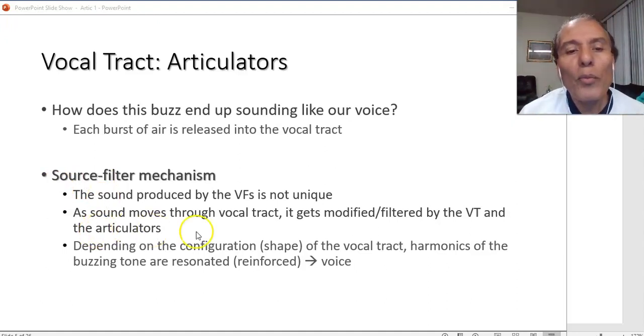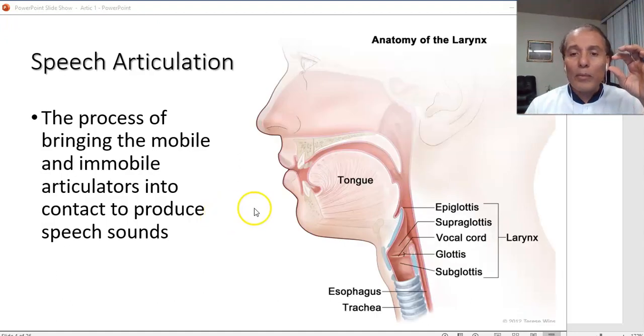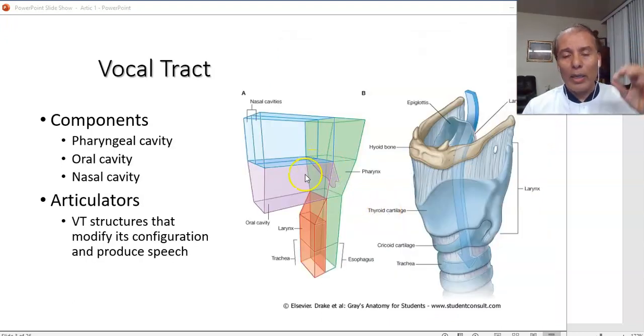So that is the filter mechanism. The vocal tract is the filter mechanism. The way that the vocal tract is made, it's two tubes connected with one tube here.